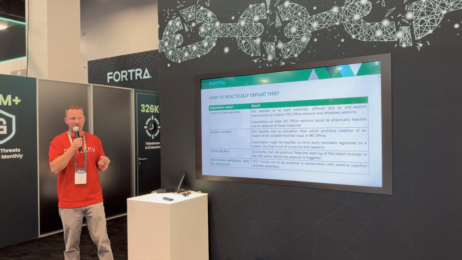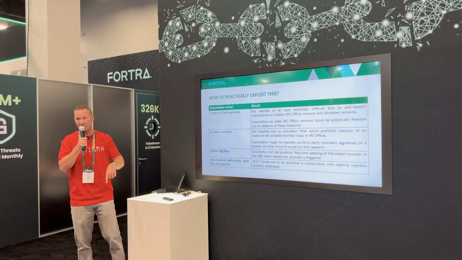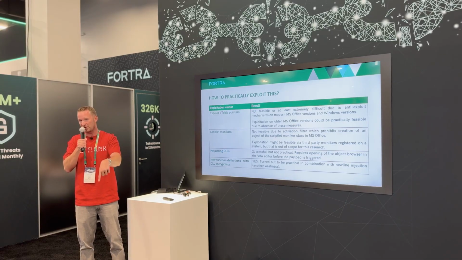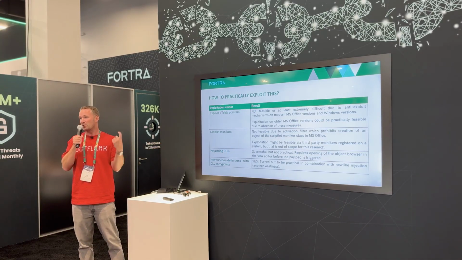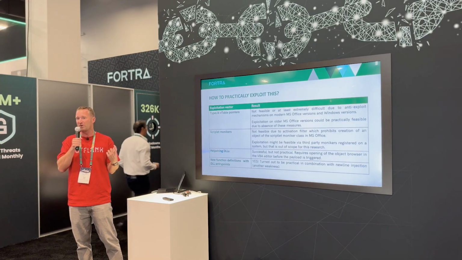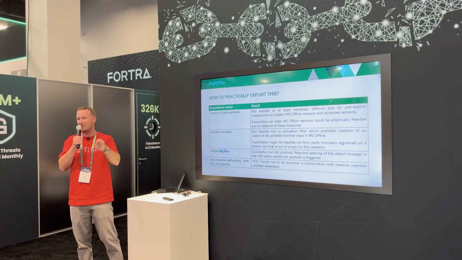This works. So we can actually create a type library, put that in the macro-signed file, have it reference a help string DLL, and then load our code by that. However, the code will only load if you go into the VBA editor and actually load the particular object, which will then try and show the help strings. No practical target will ever go there without a ton of social engineering.